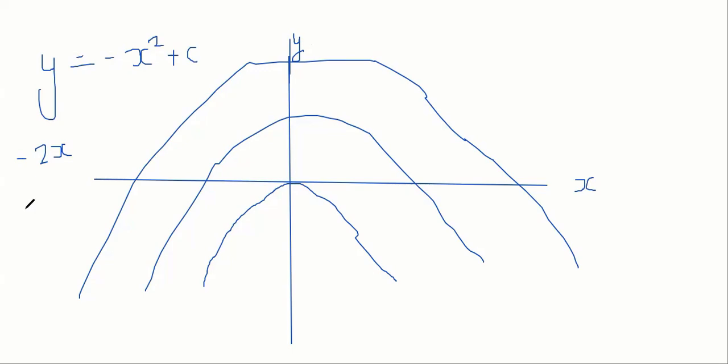Y equal to minus x square plus c is your function. When you integrate minus 2x, you get minus x square plus c, right? We are going to learn this today.